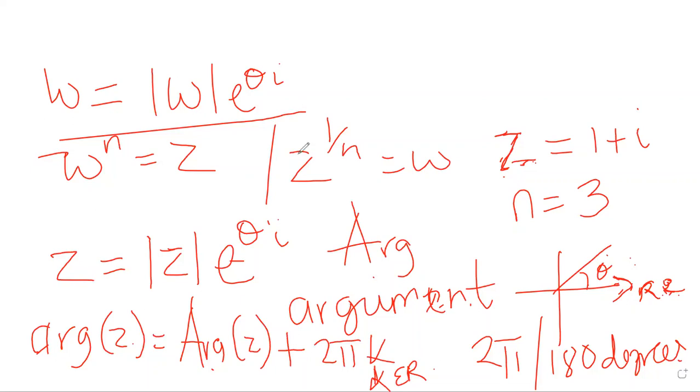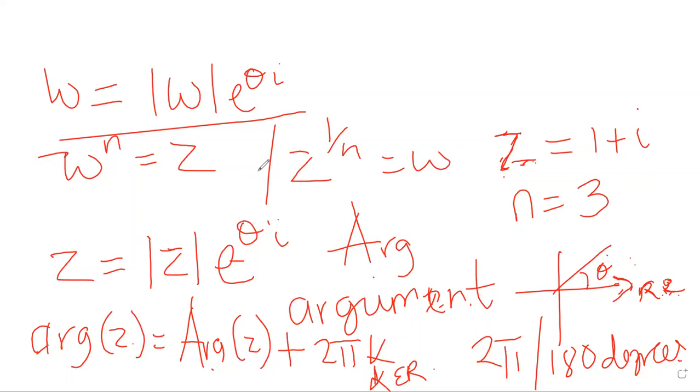So I hope you understand this. If you don't understand, please say so. We are almost done. So the principal argument is there, and then you add multiples of 2 pi to it. If you are working in radians, you add 2 pi. If you are working in degrees, you add 360. Sorry, did I say 180?